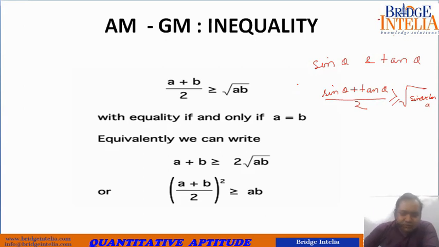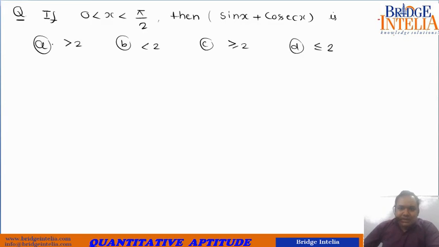So now let us see what kind of questions have been asked till date based on this concept. The first question is, if an angle x lies between 0 and 90 degrees, that means 0 and pi by 2, then sine theta plus cosec theta.